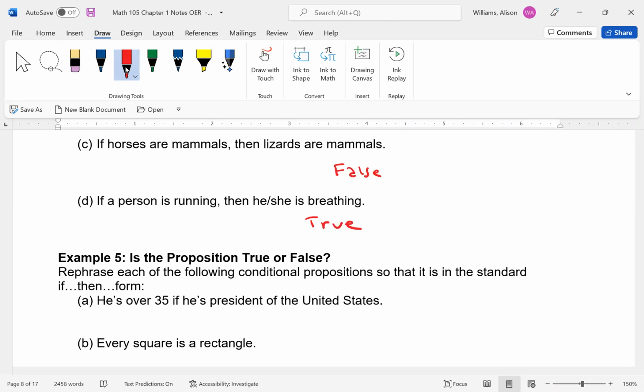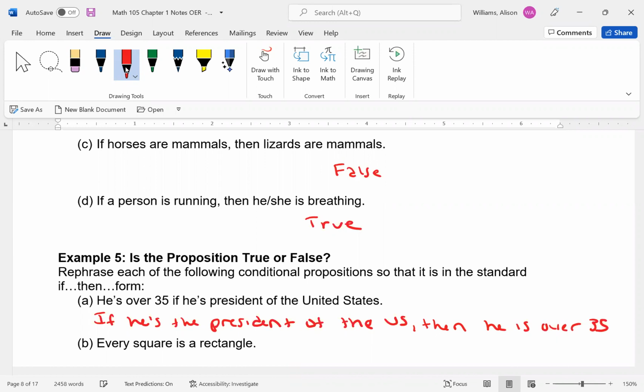So that's telling us that every president has to be over the age of 35, right? So if we're going to put this into an if-then statement, I'm going to abbreviate it US, then he is over 35. So that is a condition of being the president.